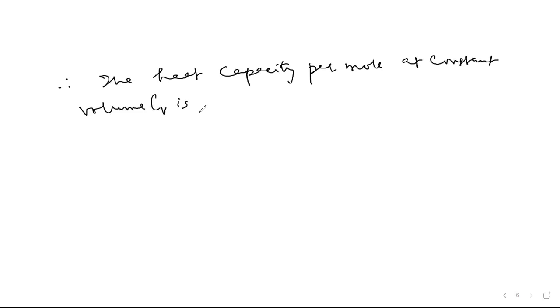Heat capacity per mole at constant volume CV is, remember, the partial derivative of the energy E with respect to temperature.